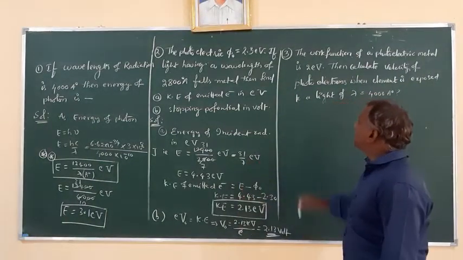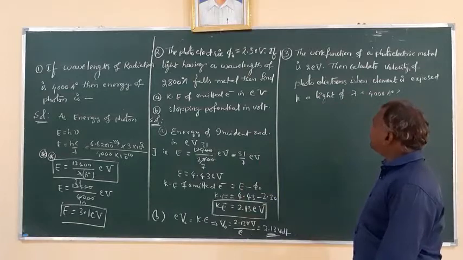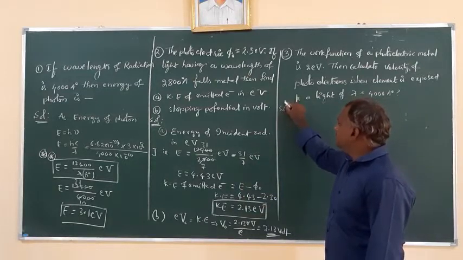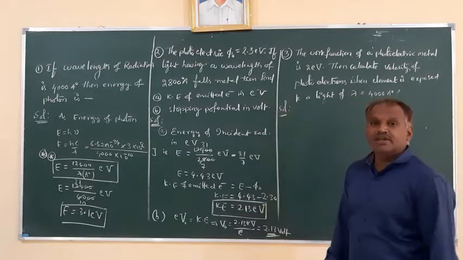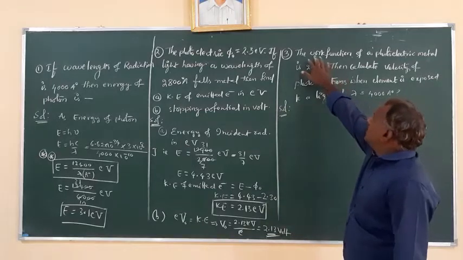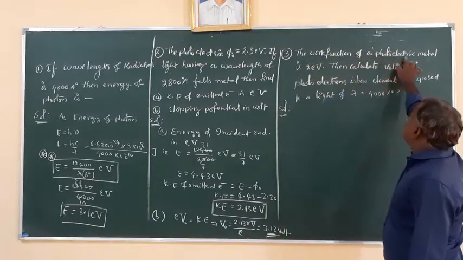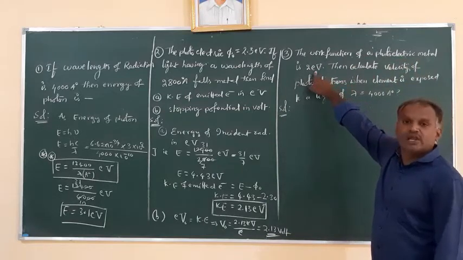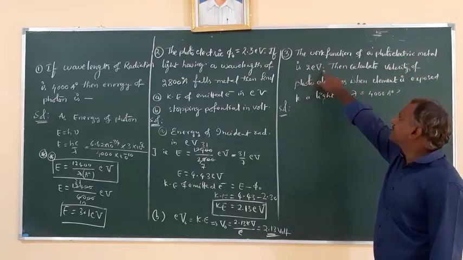Right? Now there is one more question. The third one. You can see here what is given and what is asked to determine. Here the work function of a photoelectric metal is given as 2 electron volts.